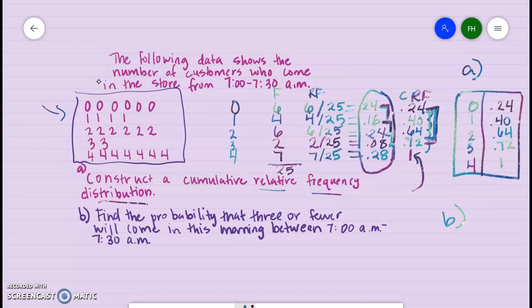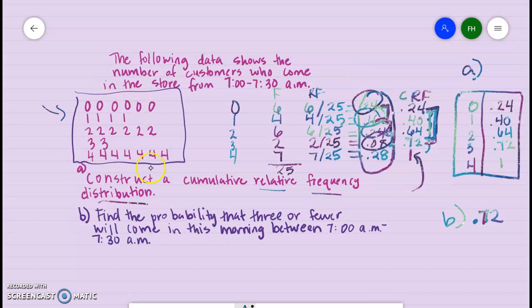So if you wanted 3 or fewer, you could go to 3 and get the cumulative relative frequency, because that represents 3 or fewer. Or you could take the relative frequency and add all the ones that are 3 or fewer. But either way, you would get 0.72.